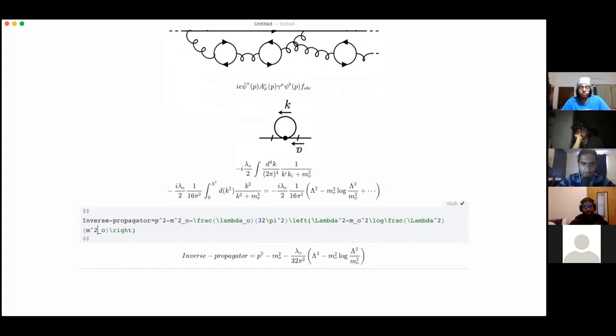Right? So what's the inverse propagator usually? It's like p squared minus m squared renormalized, which means that all of this is going to be our renormalized m squared rather, right? You just identify it as that.